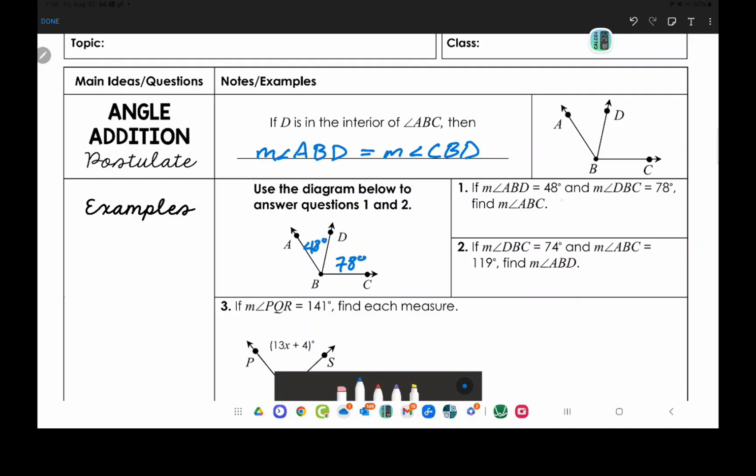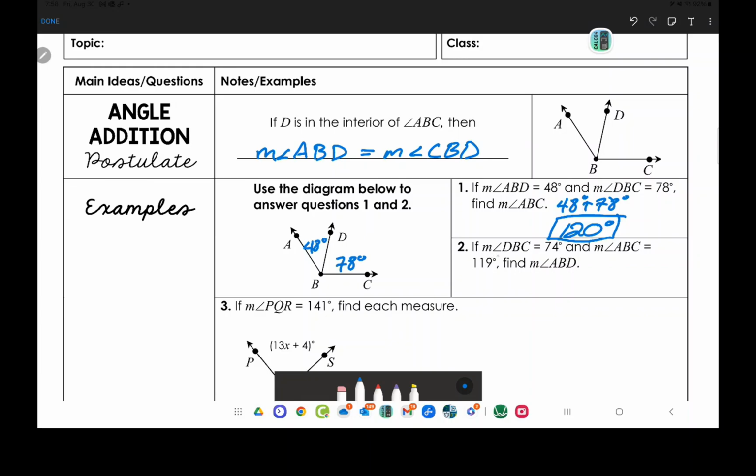If we add those together, 48 plus 78 gives you 126 degrees. Make sure you use the degree symbol on your answers because we are talking about an angle measure. Angle measure must be denoted by degrees. Unless you want to use radians, I promise you don't. You wait for pre-calc for that.